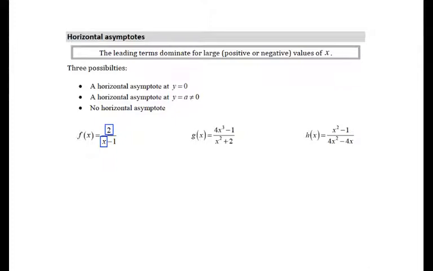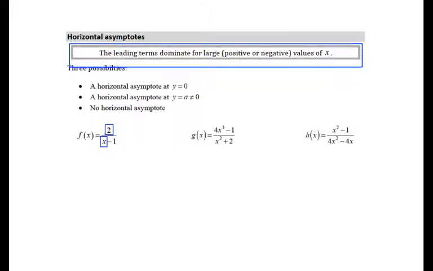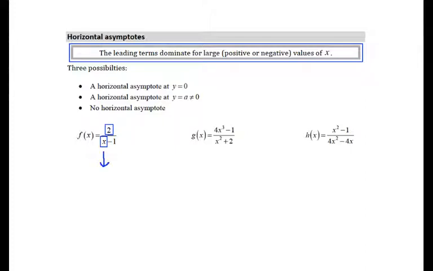So note this rule here, the leading terms dominate for large values of x, whether we're talking about large approaching positive infinity or large approaching negative infinity. So that applies to rational functions as well. And the end behavior of this, which is really what the horizontal asymptotes are if they exist, is going to be the same as it would be for the function y equals 2 over x.